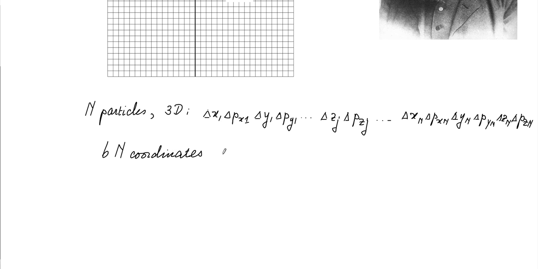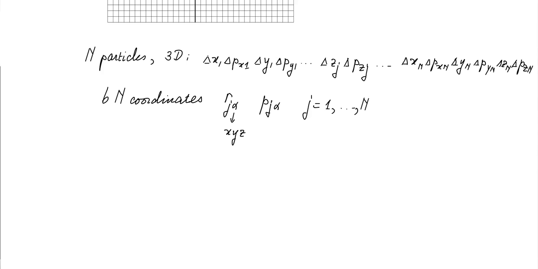And we can denote those as r_j alpha, that's the position component where alpha denotes x, y or z, and p_j alpha, where alpha again denotes x, y and z, and j is the particle index, and it runs from 1 up to N. In fact, the space of the 6N coordinates is called the phase space.